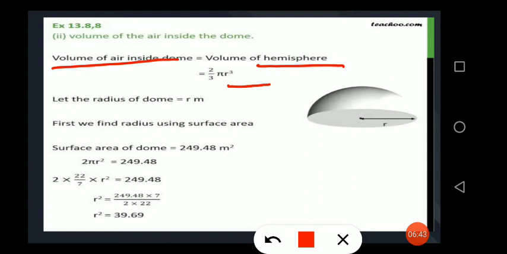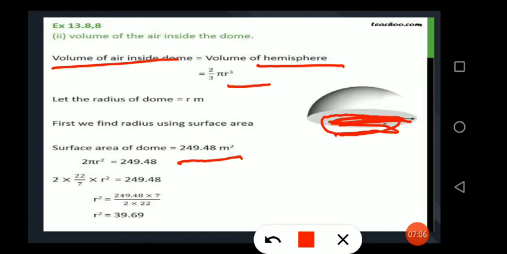Now again we don't know the radius. So first of all we will find out the radius using surface area. Surface area, just now we know that it is 249.48, and also since it is a dome, the bottom surface is not available. It is open.